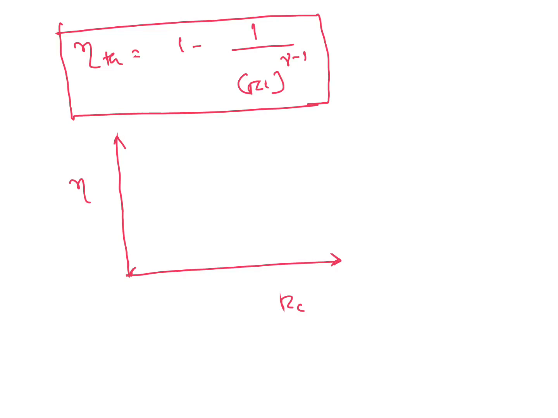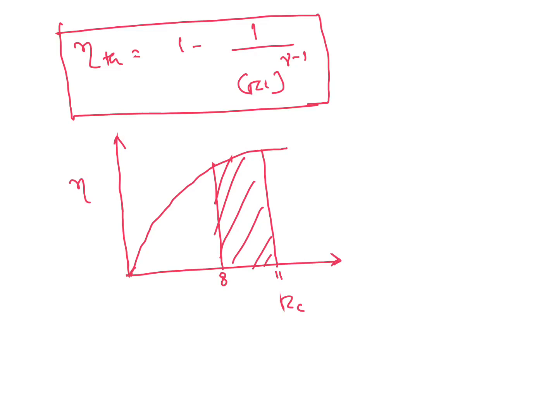Here 8 to 11, this region is the best region, and due to knocking we keep the compression ratio at 8 to 9 for the petrol cycle or Otto cycle, where compression ratio should be in between 8 and 11.